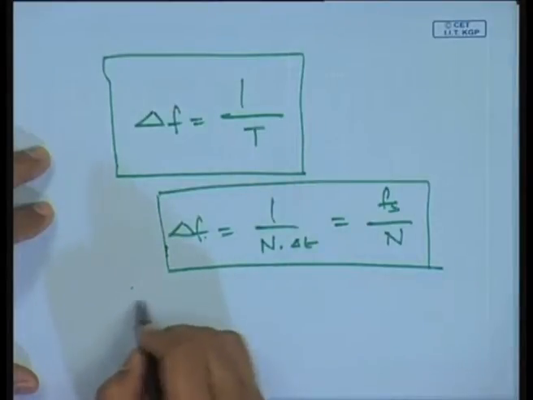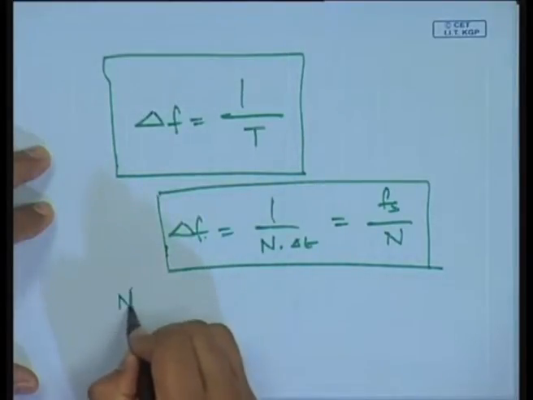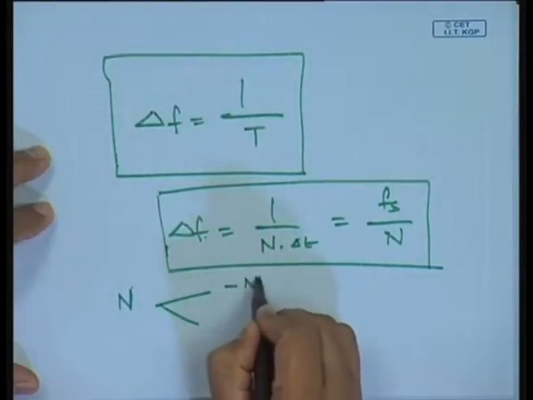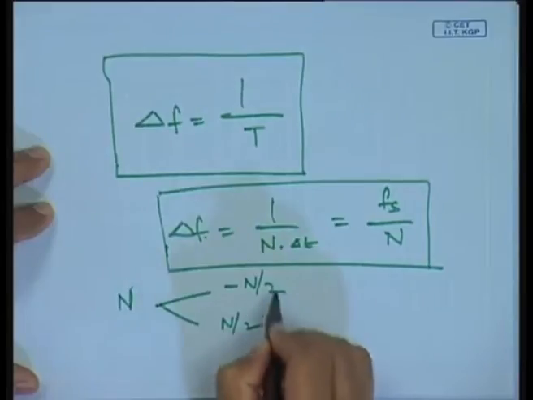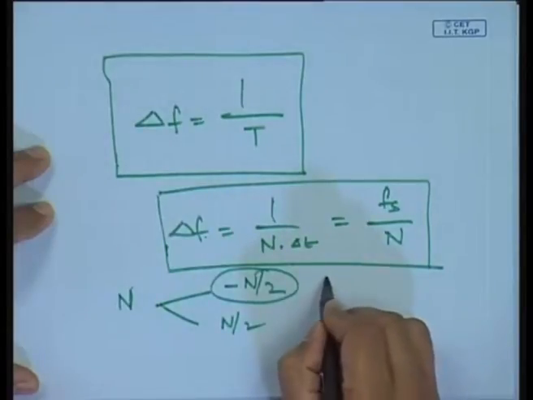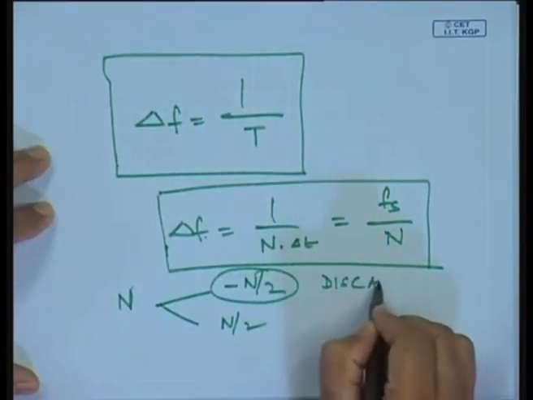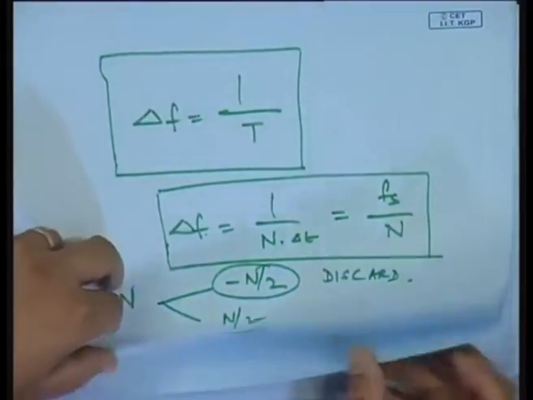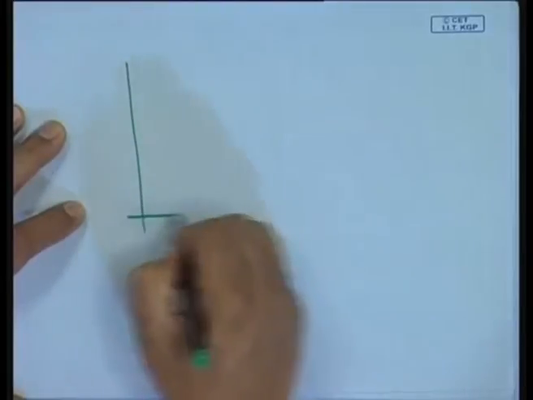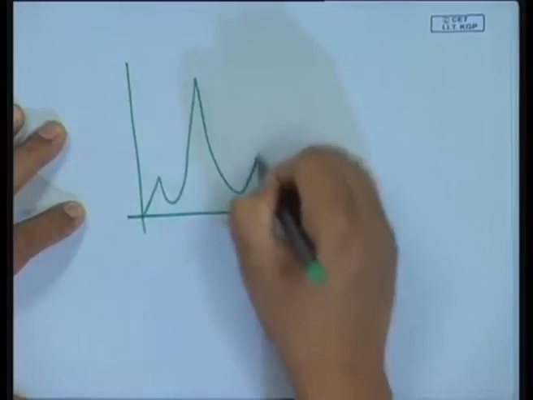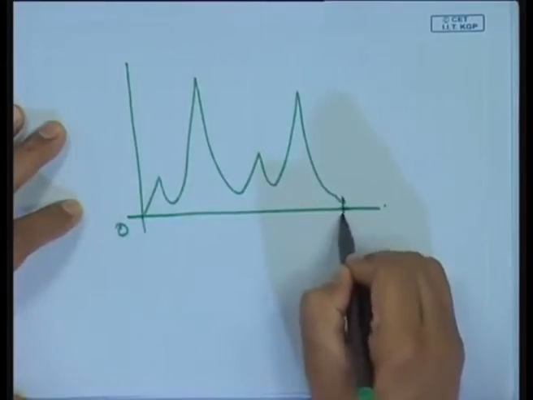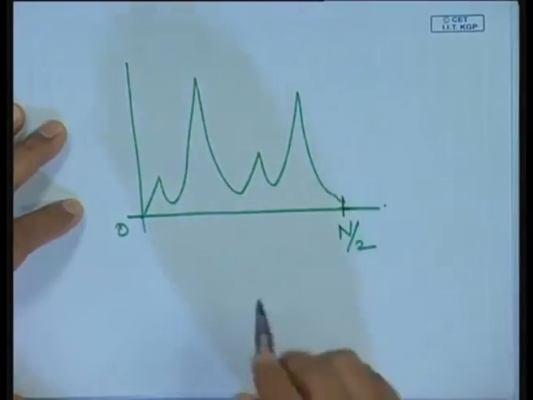Now, as I was telling you, once we have n data points, we will have frequencies going from minus n by 2 to n by 2. These are the negative frequencies, which we discard. So, the maximum frequency F max in the FFT will be from 0 to only n by 2.